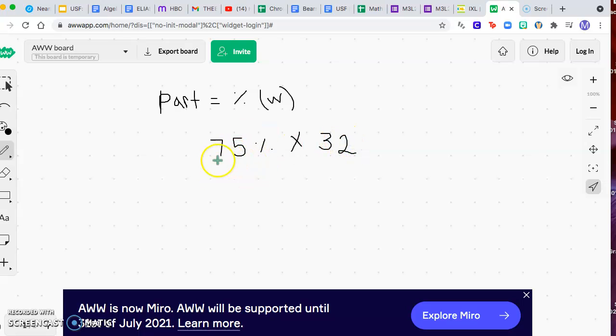Now, with this 75%, 75% is not 75. So when you're multiplying, remember that 75% is 75 over 100, 75 hundredths. Think about it as like 3/4, right? And 75 hundredths as a decimal is like 75 cents.